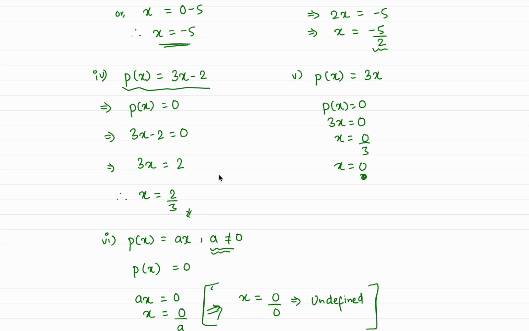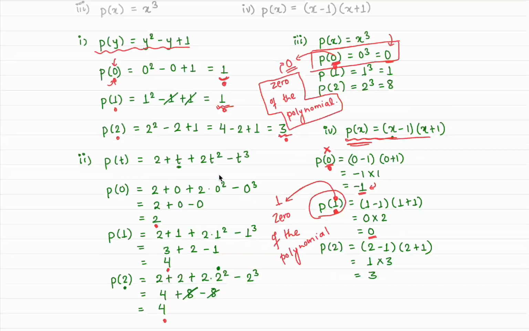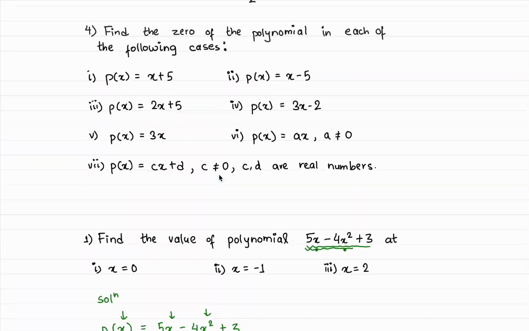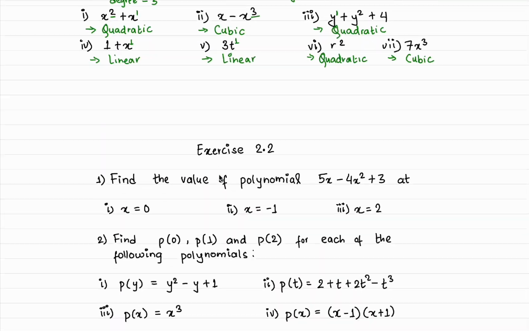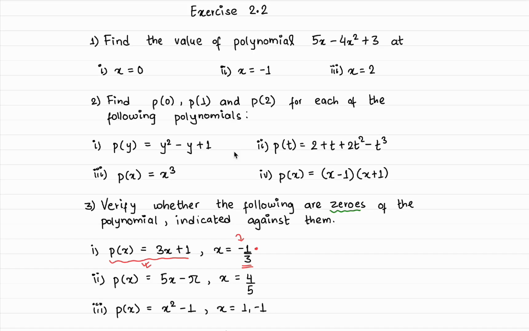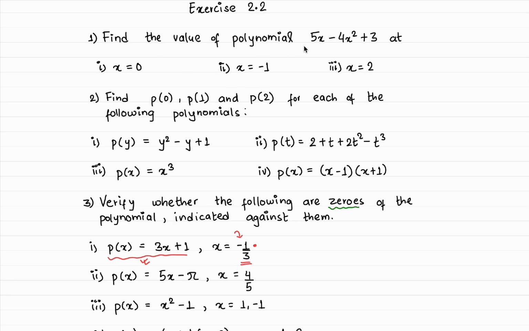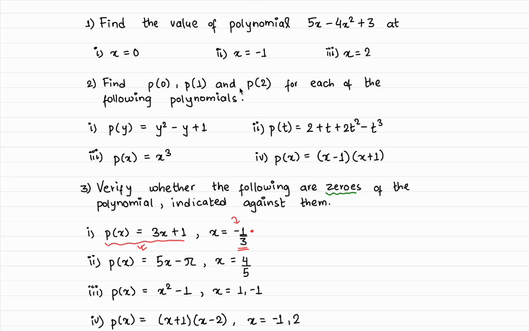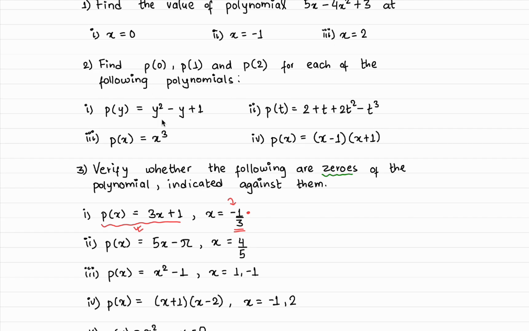So in this entire exercise, what did we learn? The first thing that we learned is finding the value of a polynomial for different values of x. The second question was similar, right? We found the values of these polynomials for different values of y, in this case t, right?